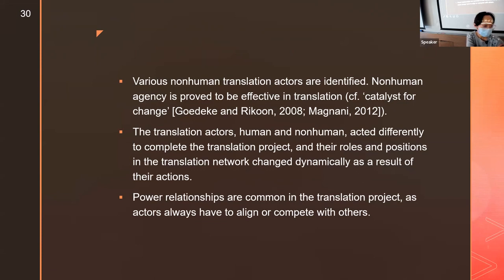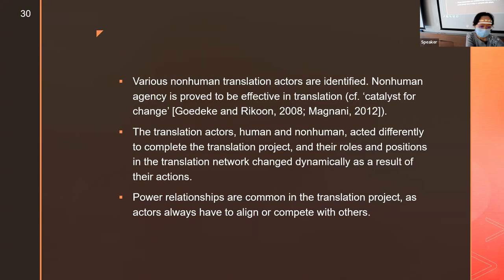The third is that various non-human translation actors are identified. Non-human elements have been discussed in translation studies, for example, machine translation, translation software, or the most commonly the source and target texts, but they have always been presented as somewhat inert objects with little agency. This time, and in this research, non-human phenomena are studied as active agents in translation.